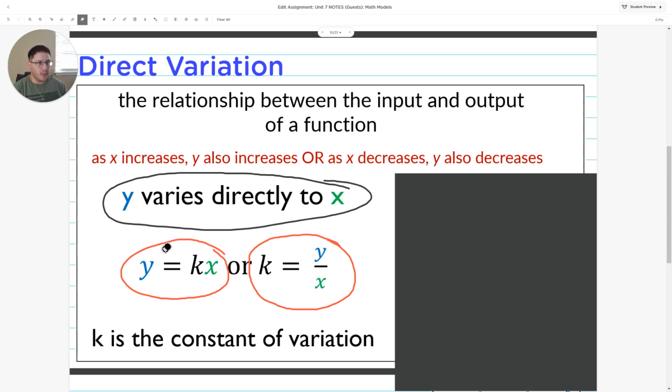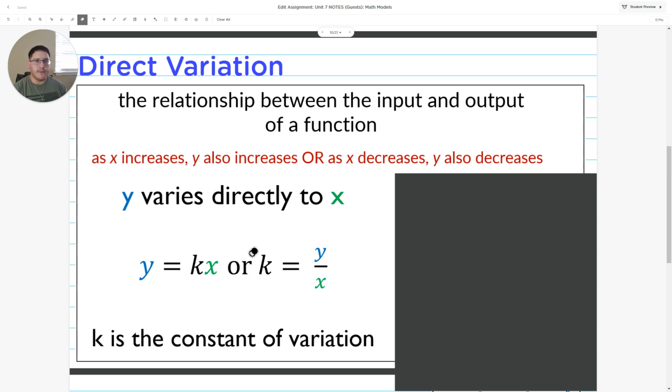In some of the problems we're going to see, you're going to have a few different values already there for you. You then will have to find different components of the formula to create it. For example, you're going to find the k value in one example, and then enter it into the y equals equation to get the general direct variation formula.